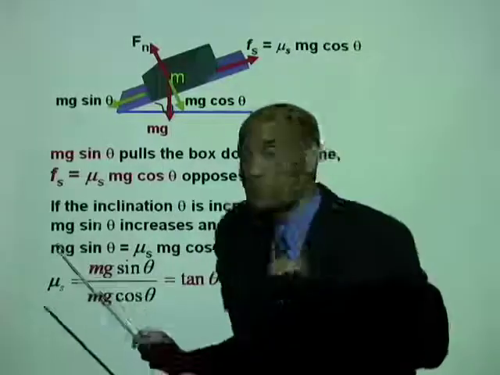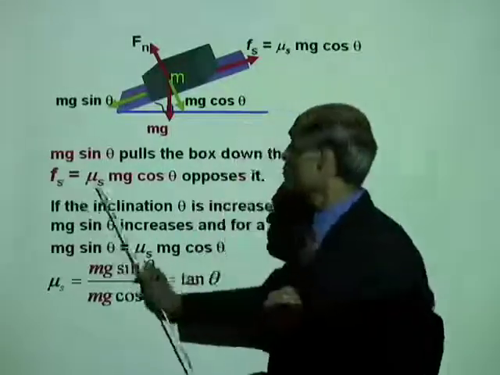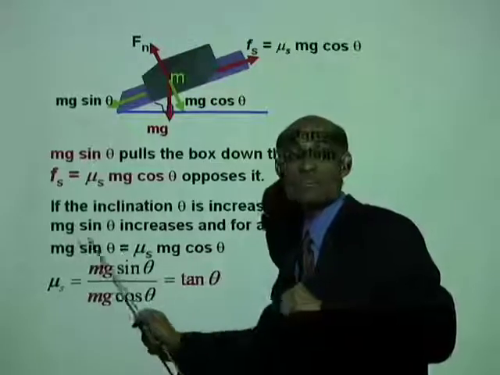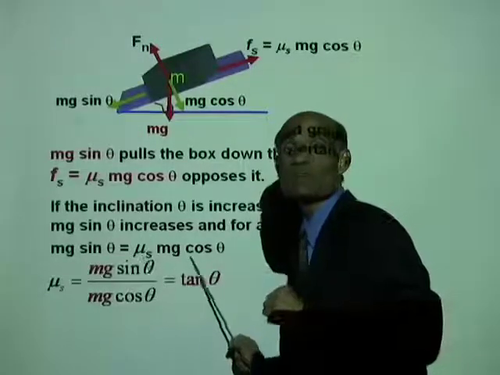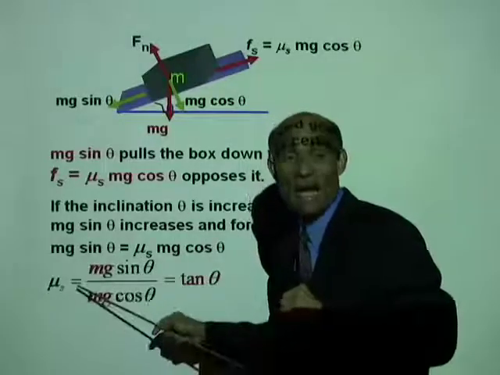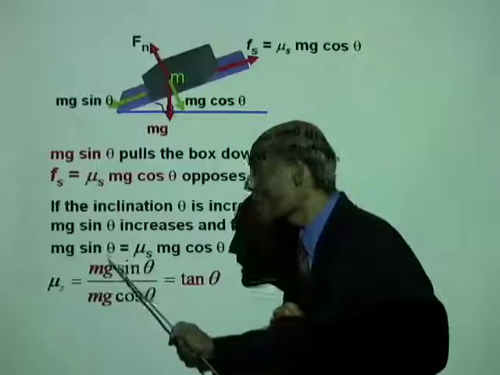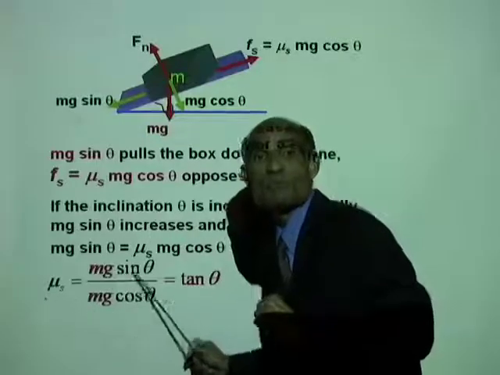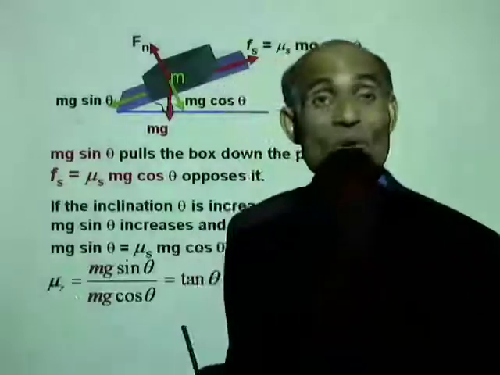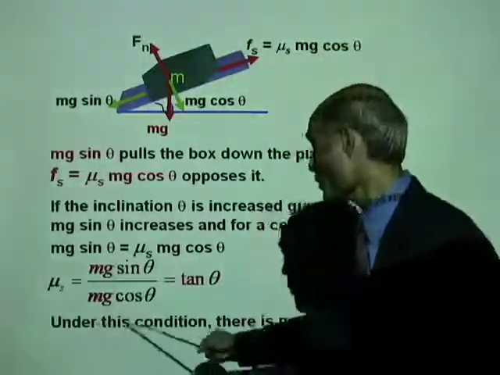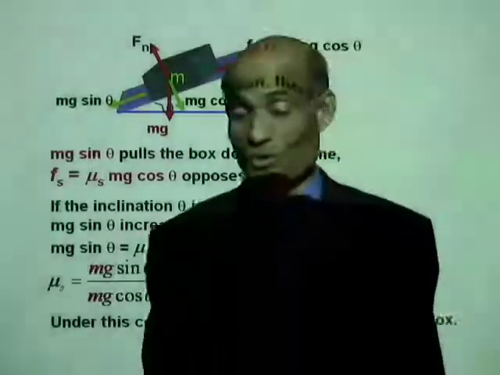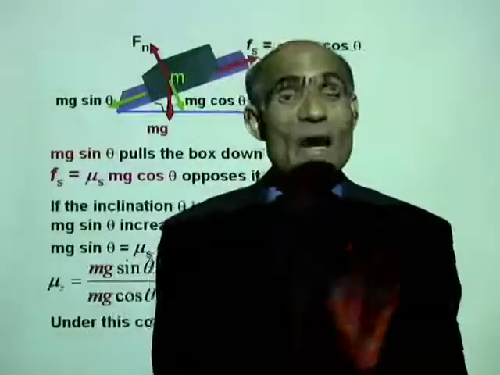And at that particular angle, this is the condition. At that particular angle, mg sin theta will be equal to mu s mg cos theta. And then at that particular angle, mu s will be equal to tan theta. Well, that is a very important concept. So under this condition, there is no net force acting on that block.